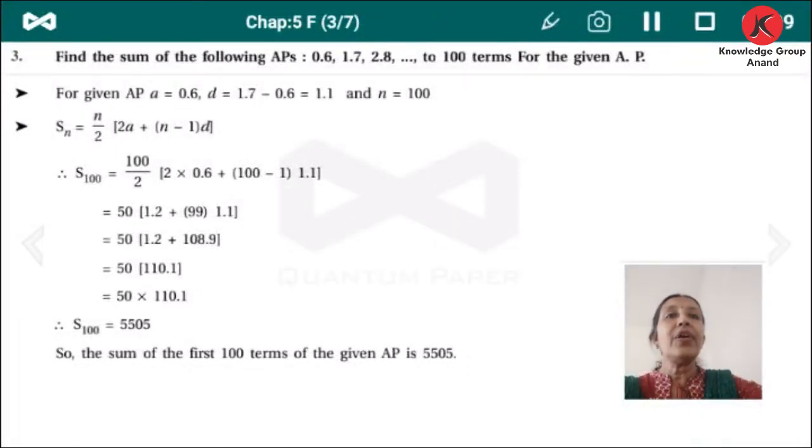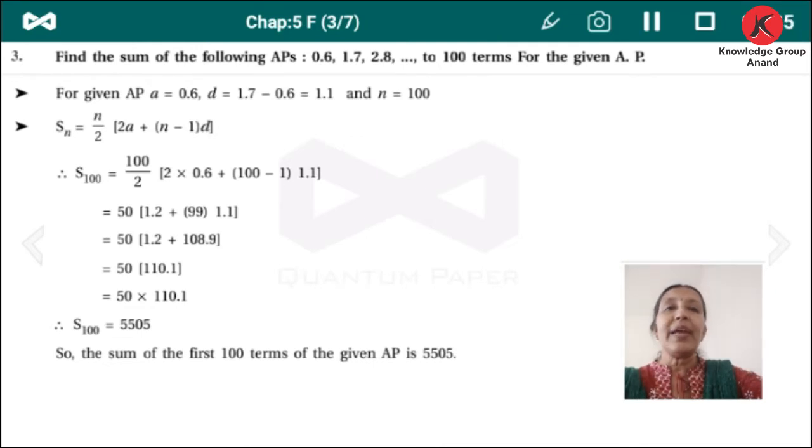Find the sum of the following AP: 0.6, 1.7, 2.8 up to 100 terms. Here a is equal to 0.6, difference is equal to 1.7 minus 0.6, which is equal to 1.1, and n is equal to 100.